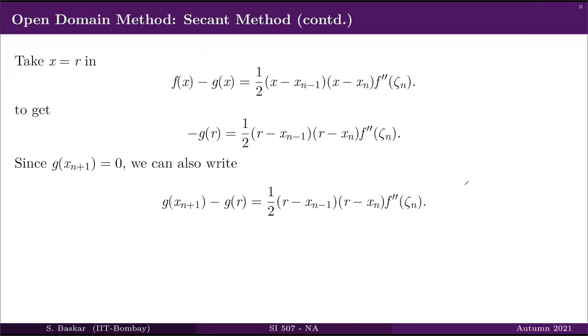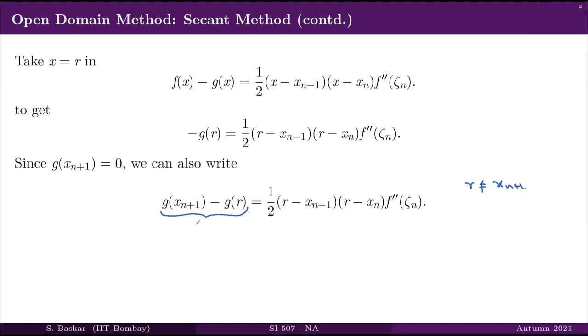Now you see, since r is not equal to xn plus 1 as well, because we always assume that we have generated a sequence. It means we have never touched the root r at any finite n. That is how we have landed up with a sequence. Therefore, throughout this theorem, we can assume that xn is not equal to r for all n without loss of generality. Now you can apply mean value theorem here.